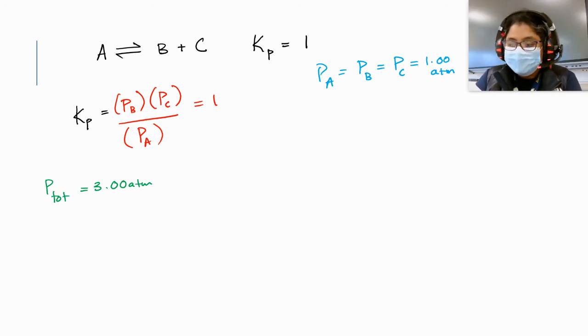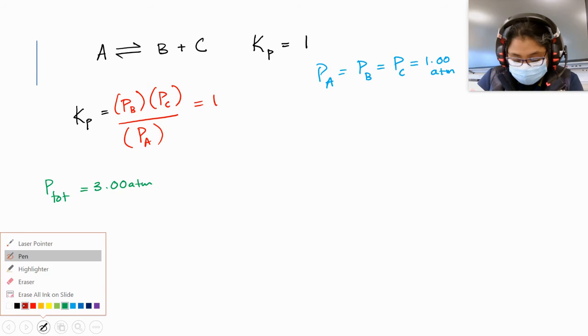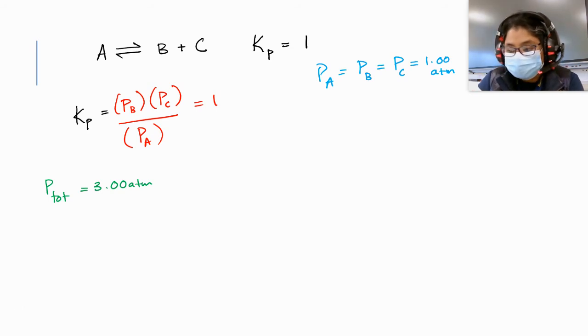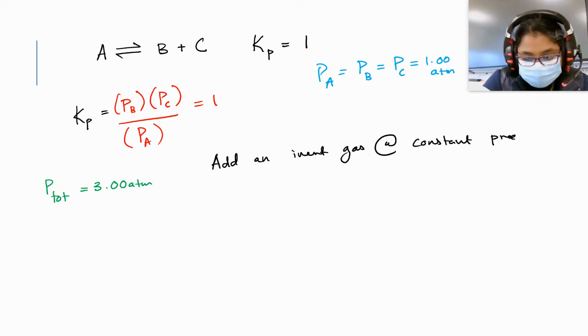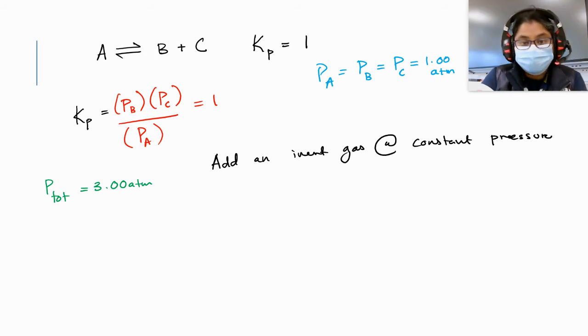Okay, if we add an inert gas to this mixture at constant pressure, the container is going to expand to accommodate that extra gas, and therefore the volume will increase, okay?